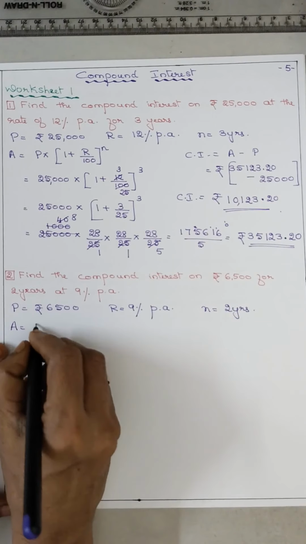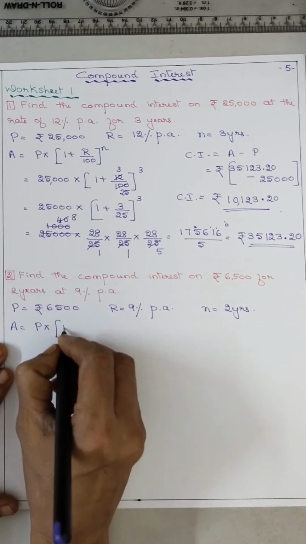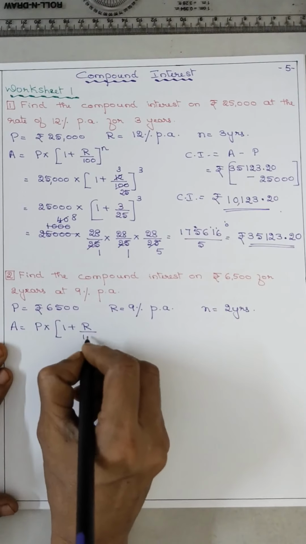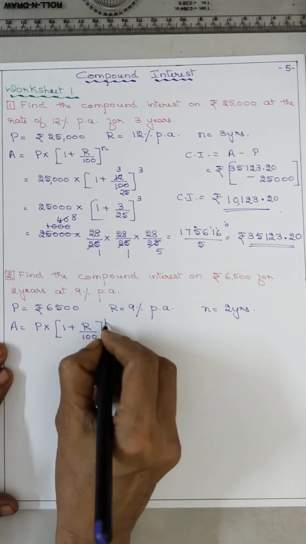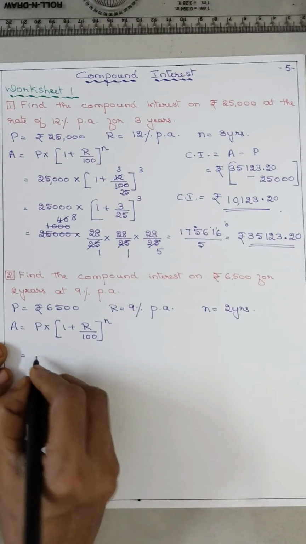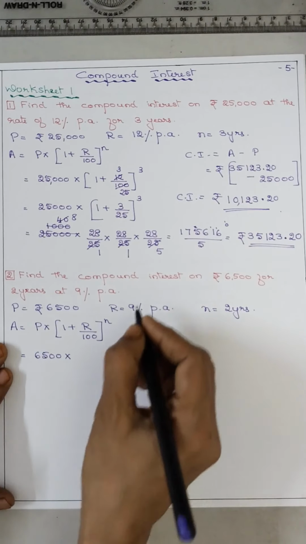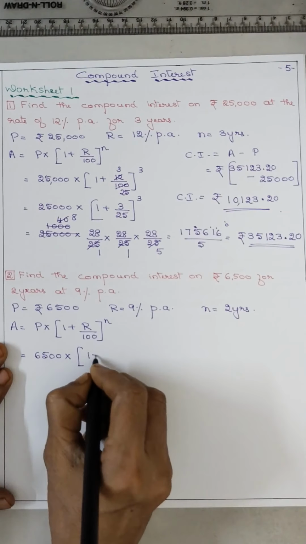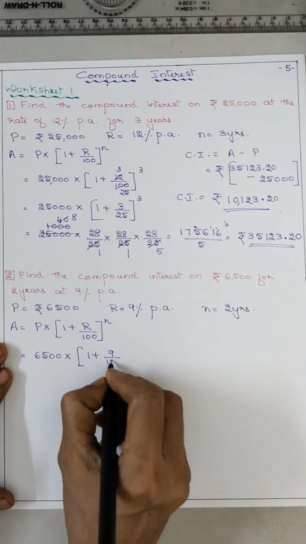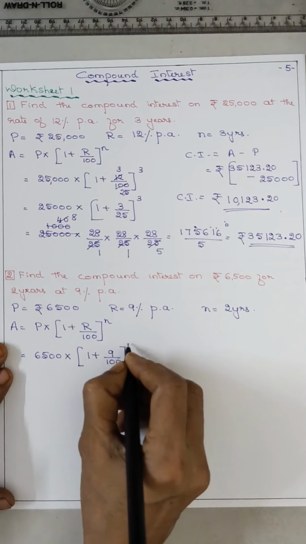Formula A is equal to P into 1 plus R upon 100 the whole raised to n. Now 6500 into 1 plus 9 upon 100 the whole raised to 2.